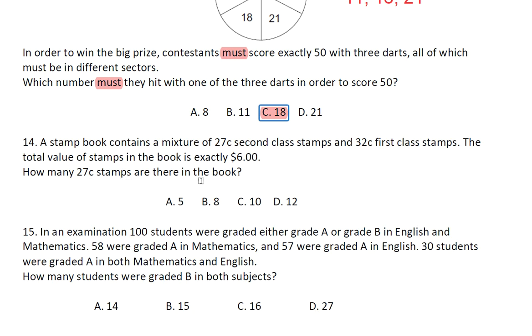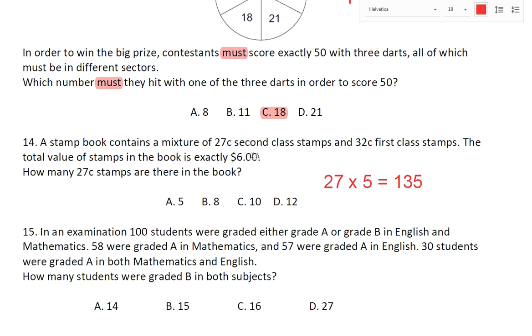How many 27-cent stamps are there in the book? The way to do this, I would just use the multiple choice answers to help you solve it. So we're doing 27 times 5 equals 135. A quick way to do that is, 27 times 10 is 270, and you halve that. So 600 is what we have here.